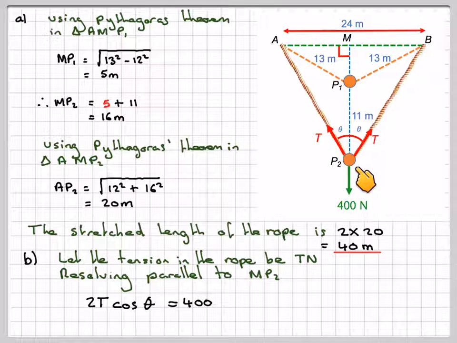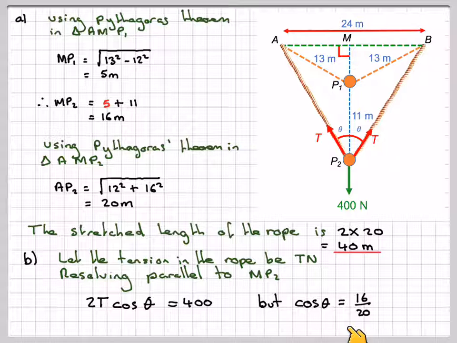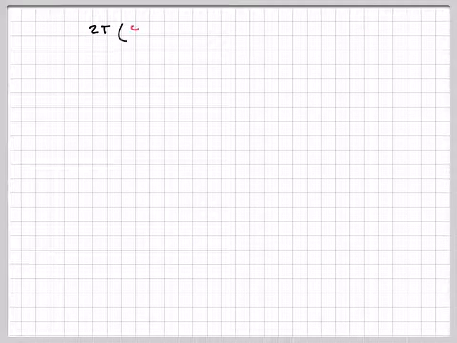So at this stage the system is in equilibrium, and cos theta is going to be 16 over 20, because this length here, 16, is adjacent to the angle, and this length here we just worked out to be 20. So that's 4 over 5.